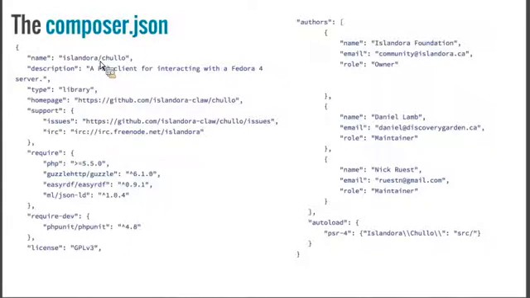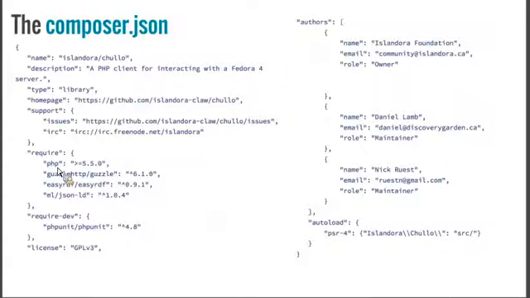The first thing is we gave Chullo a name, and that name is related to the namespace, as you see. We have descriptions, we define what type of package this is. I said Chullo is a library, and yes, it's a library. We can give some extra metadata like where the homepage is and support, and then we say on which packages Chullo depends.